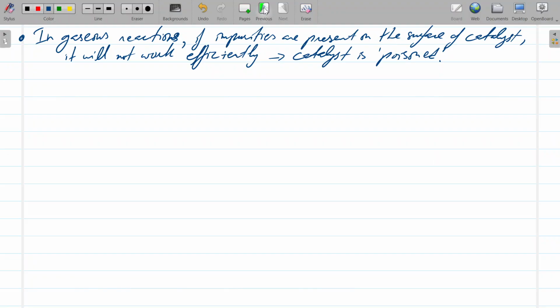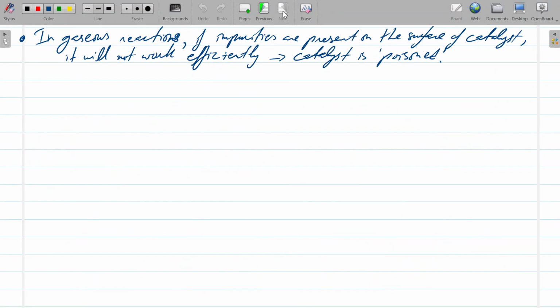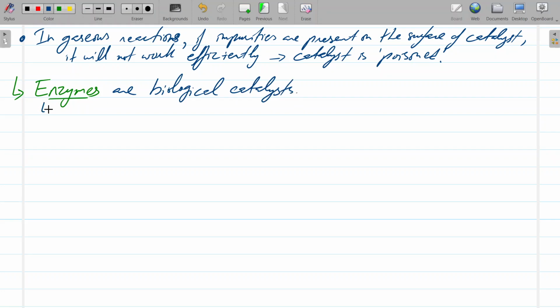On that note, we're going to talk about enzymes, which are also catalysts, but in biological systems, so living systems. They're proteins produced in living cells, biological catalysts.